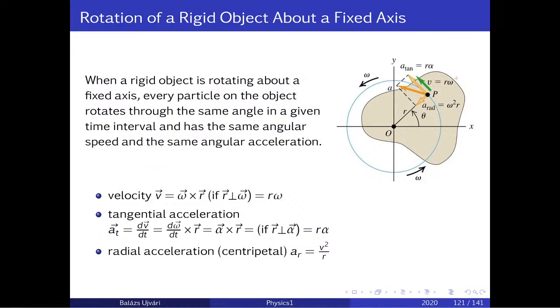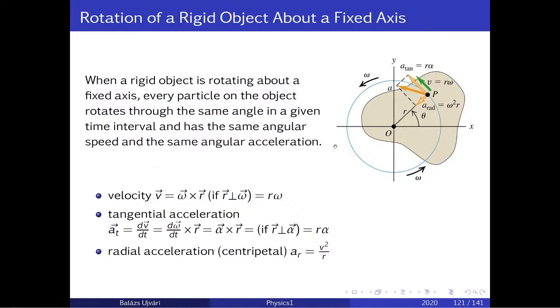So v is r times omega. We know there is a so-called centripetal acceleration, which is v squared over r, but if you replace v with r omega, that will be omega squared times r. This is true even for a constant rotation, a constant angular velocity.